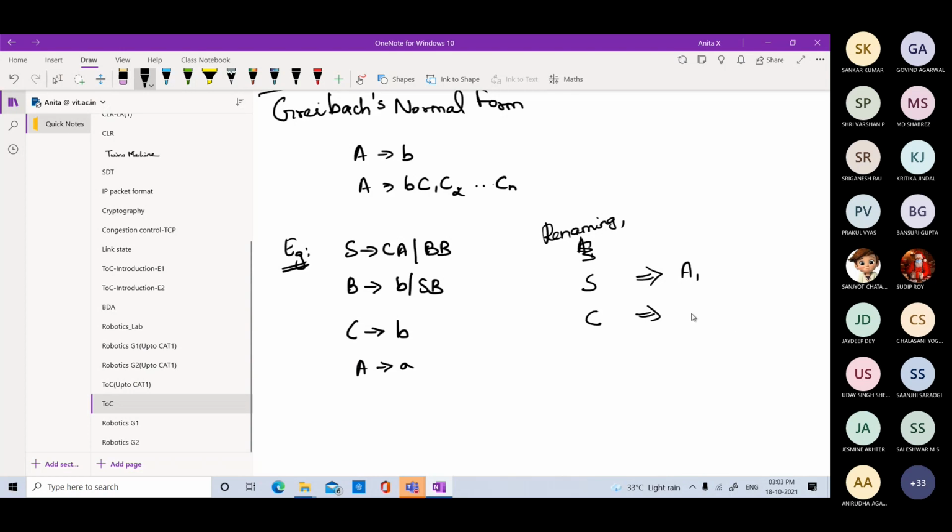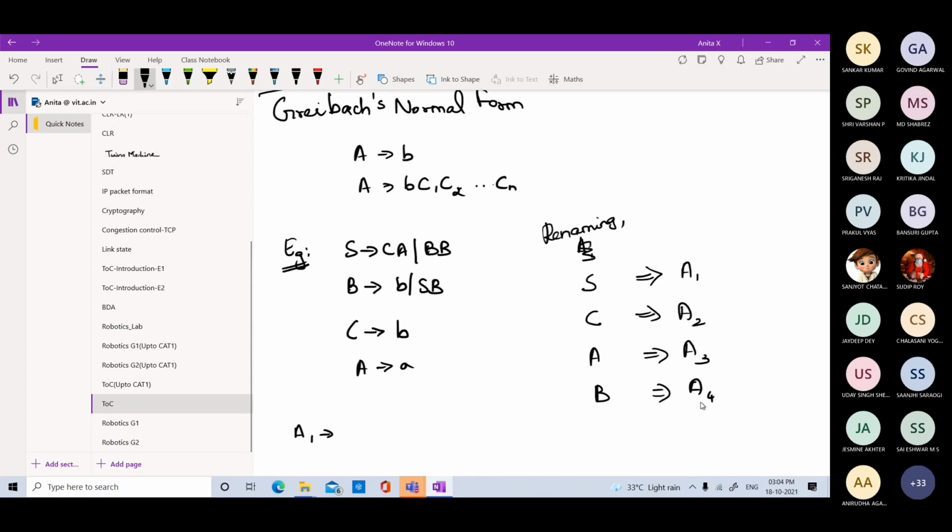The next non-terminal is C, named as A2. The next non-terminal is A, named as A3. The next non-terminal is B, named as A4. I am just renaming the non-terminals.